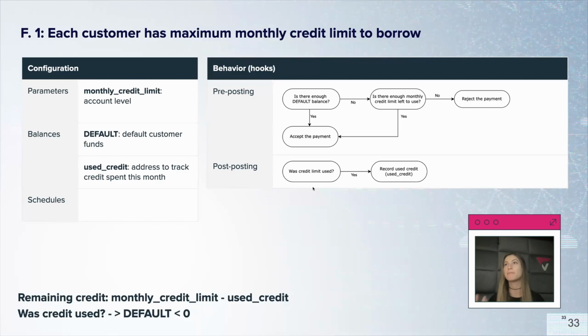That means that I temporarily have to drop under zero so the bank can help me with the payment. And these steps happen atomically in real time, in really like microseconds. So it's being done really fast. And at the end of this act, we have the used credit amount marked down on the used credit address.